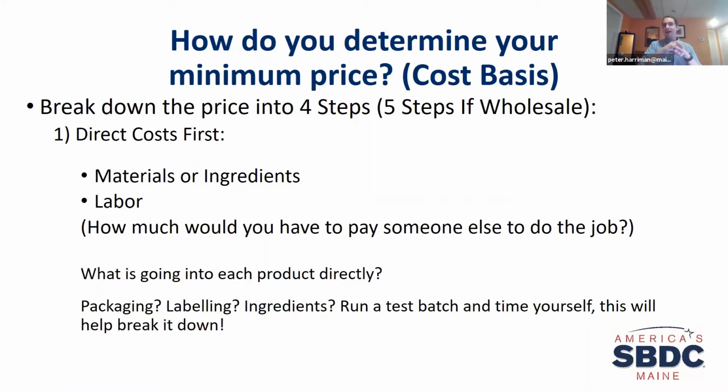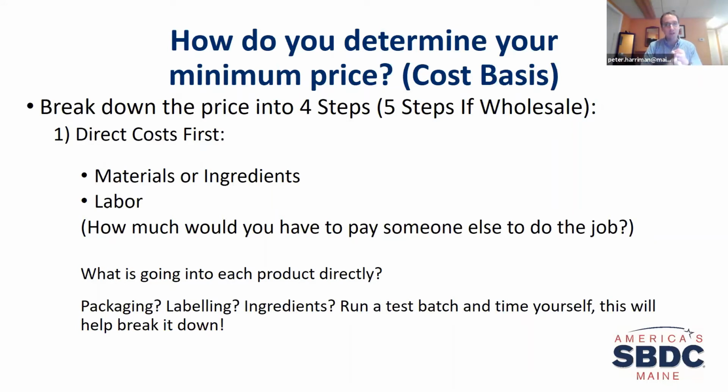But let's say you are a baker and you have a lot of different things that you're baking at once. It's very hard to say how much time went into making that one muffin. In that case, labor might better be served in the indirect cost, which we'll get to in the next page. But when we're talking labor in the direct cost, that's when you can attribute a certain amount of time to each product, because you're trying to break down what is the cost for each product.